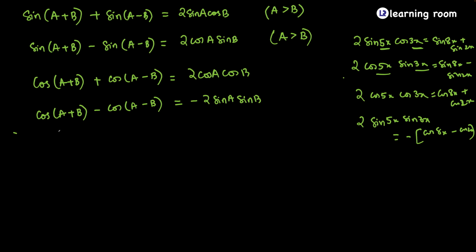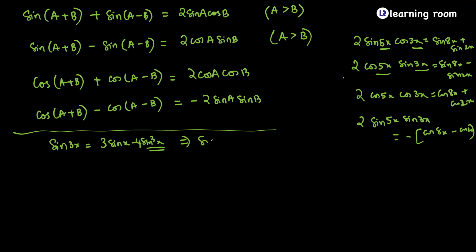The next identity that you need to remember is the formula for sine 3x. What is sine 3x? It is 3 sine x minus 4 sine cube x. So if there is a question where they're asking you the integral of sine cube x, what are we supposed to do?